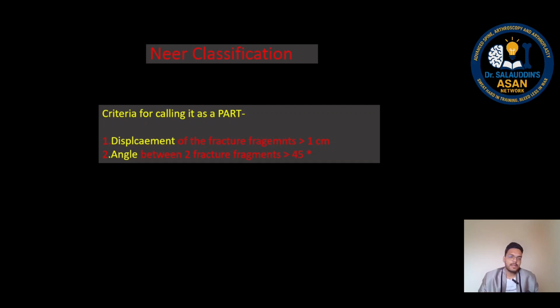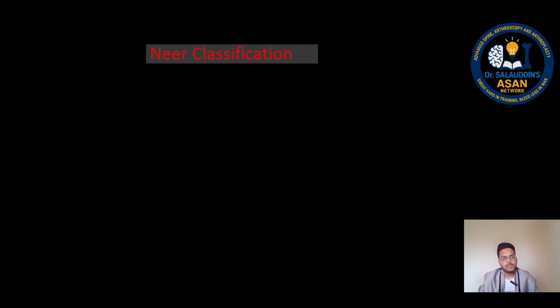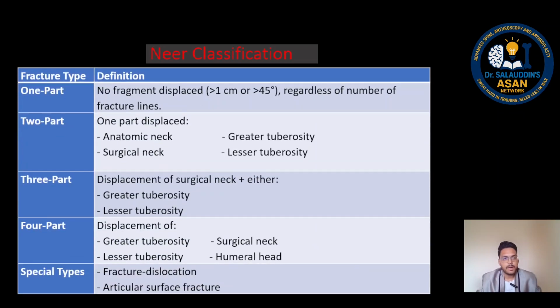So Neer divided them into 1 part, 2 part, 3 part and 4 part fractures, with a special type of fracture dislocation.